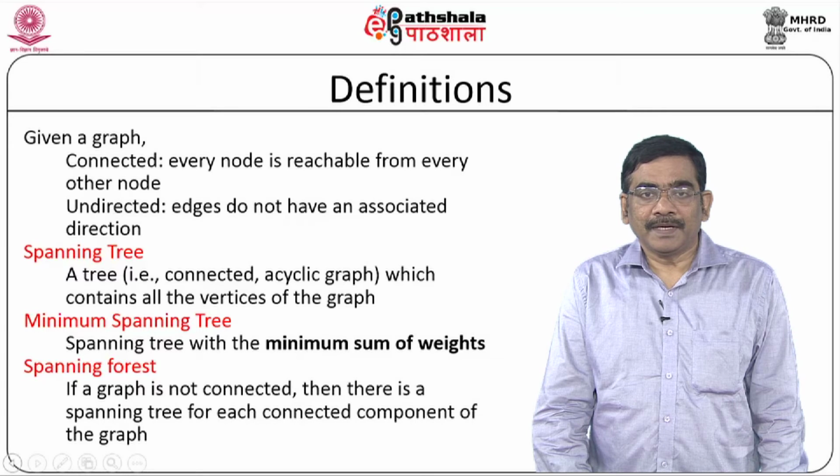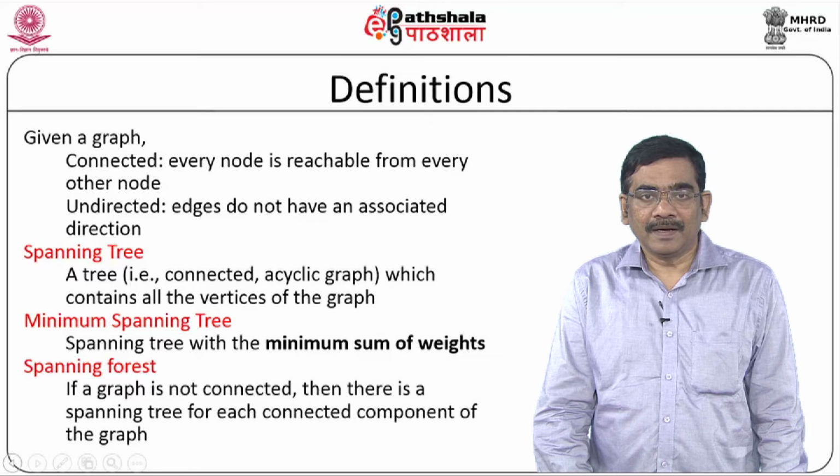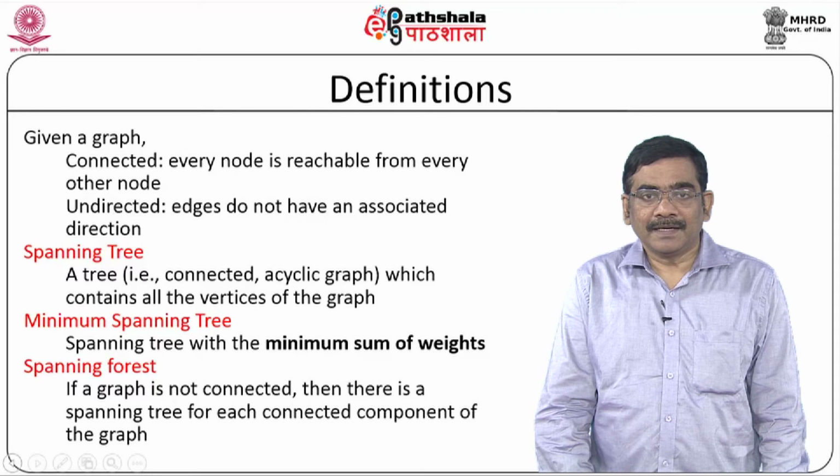So, what we are trying to do is we are trying to generate a tree where all the vertices are available, but we ensure that cycles are not present in the spanning tree, and also we ensure that no node is isolated. So, the objective in short is to generate a connected acyclic graph that contains all the vertices of the given graph.